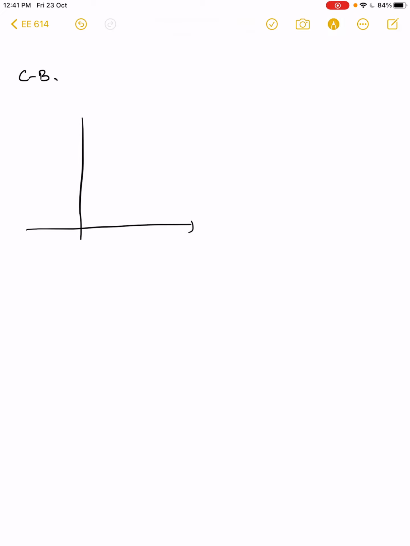We saw that in the common base, if the emitter is open, then if I vary the base collector potential, I have a very small increase in the current, which is the normal reverse bias current. This is not VCB, this is actually VCB.